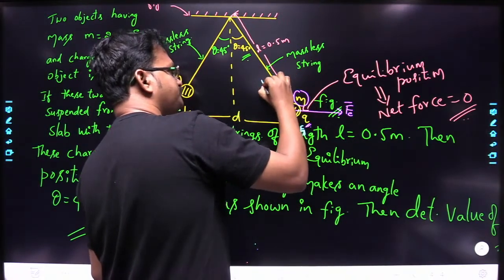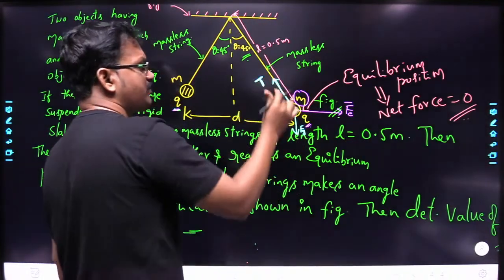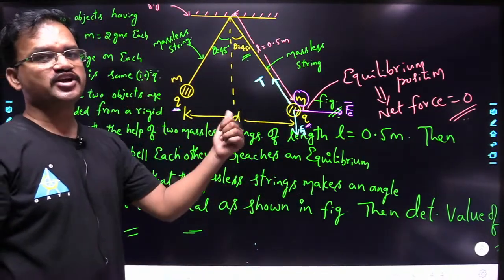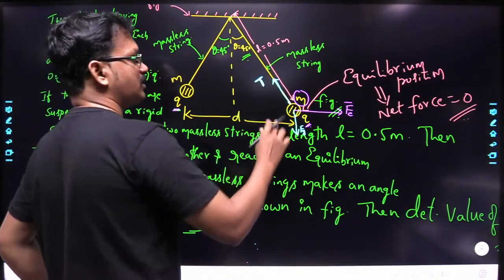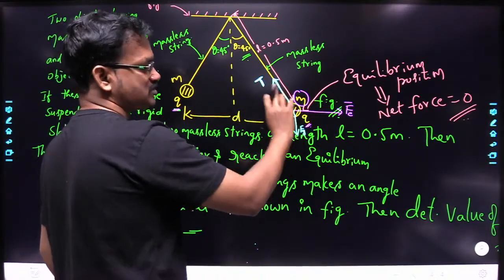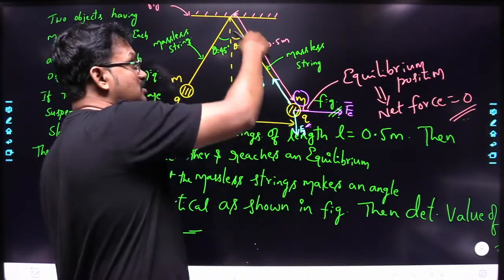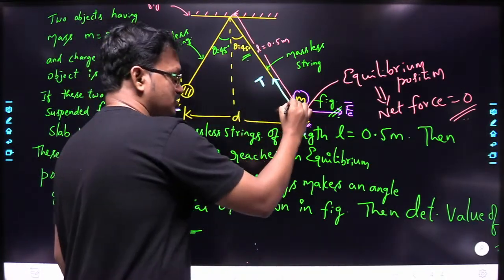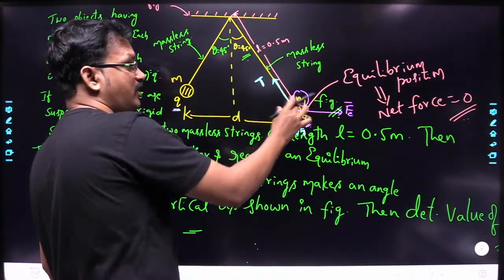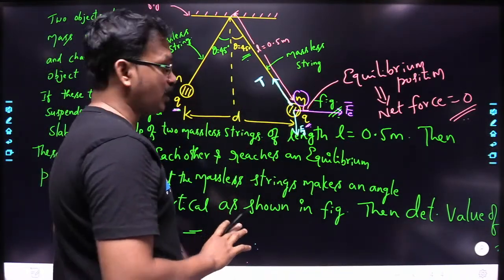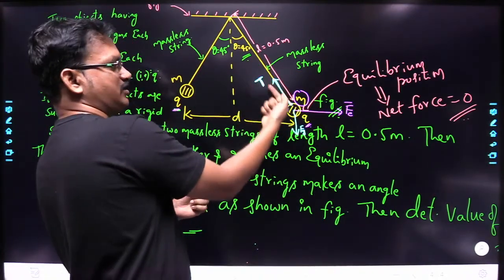That force applied by the string, we call it the tension force. Always remember, the tension force must always point away from the point of contact. This is the massless string, this is the object, so this is the point of contact between the massless string and the object. Understood? So this string applies a force on the object in this direction.